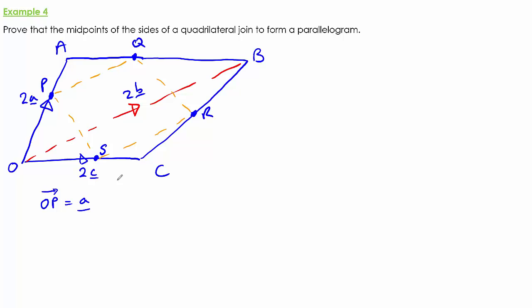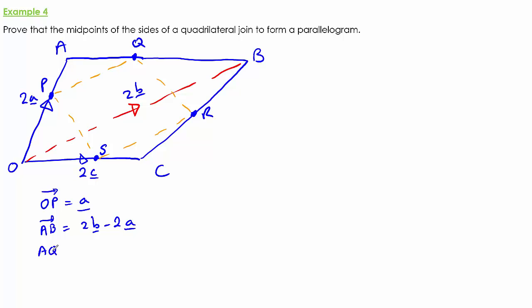So let's think about how we go from O to Q. Well, to start with, I'm going to think about going from A to B. So that's going to be AO and OB, so that's going to be 2B minus 2A.